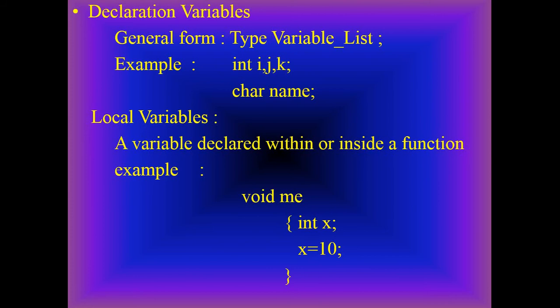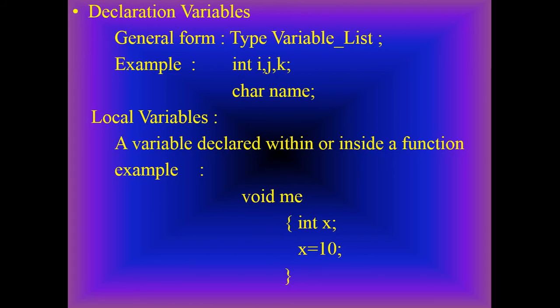But the general form, or we call this one syntax. If you're going to read the different books, makita lang ninyo as general form. But the very term that is being used by programmers is syntax.